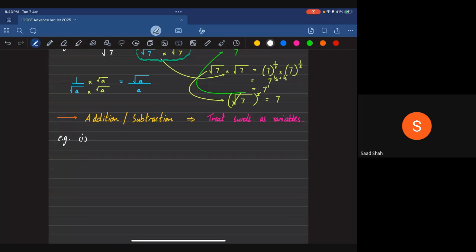Any example would suffice, like 4 under root 3 plus 5 under root 3. Okay. Now, if I were to treat this as a variable, let's just ignore the surd for the time being.